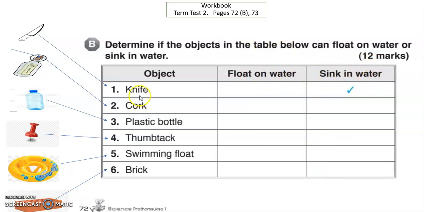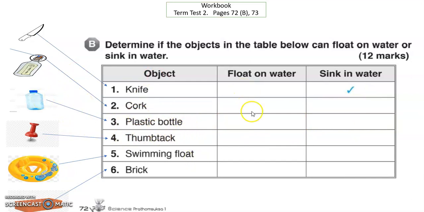Number 1, knife. Knife sinks in water. Number 2 is cork. Does this cork float on water or sink in water? Check. Number 3 is plastic bottle.